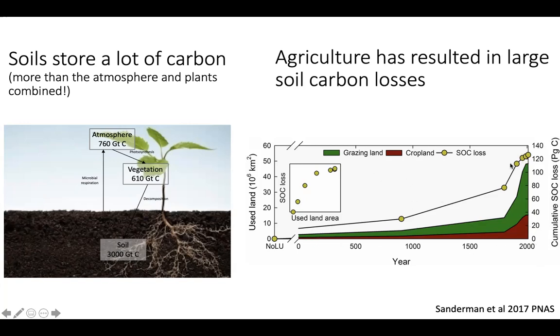And you can see here that the land area is related directly to soil carbon loss. So we've lost a lot of carbon. There's a huge opportunity to restore those soils to regain that carbon.